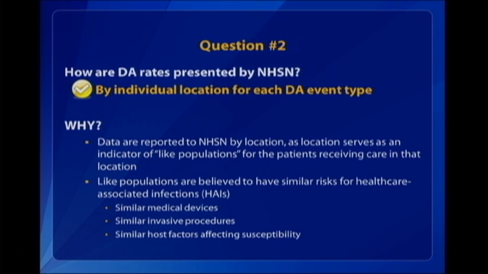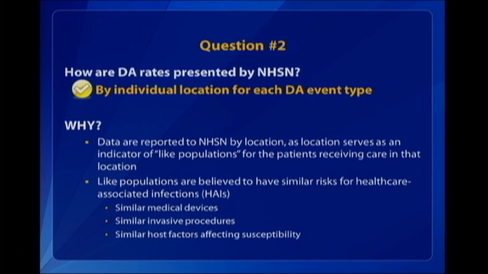Okay, so why do we do this? We do this because for us in NHSN, location serves as an indicator of like populations for the patients that are receiving care in that location. So earlier, Kathy mentioned that you want to make sure that you are mapping your locations correctly in NHSN, because if you incorrectly map those locations, you're being compared to a benchmark that is not appropriate for the types of patients that are receiving care.